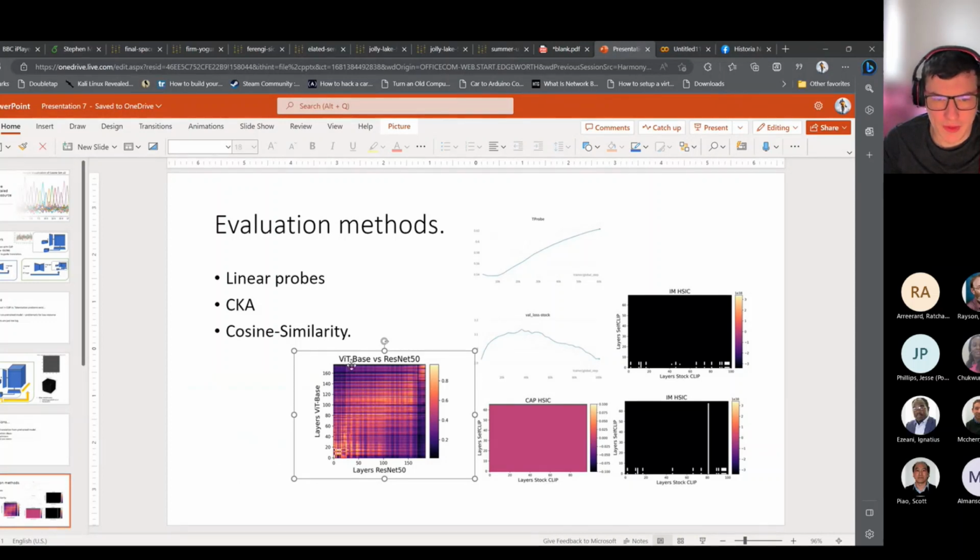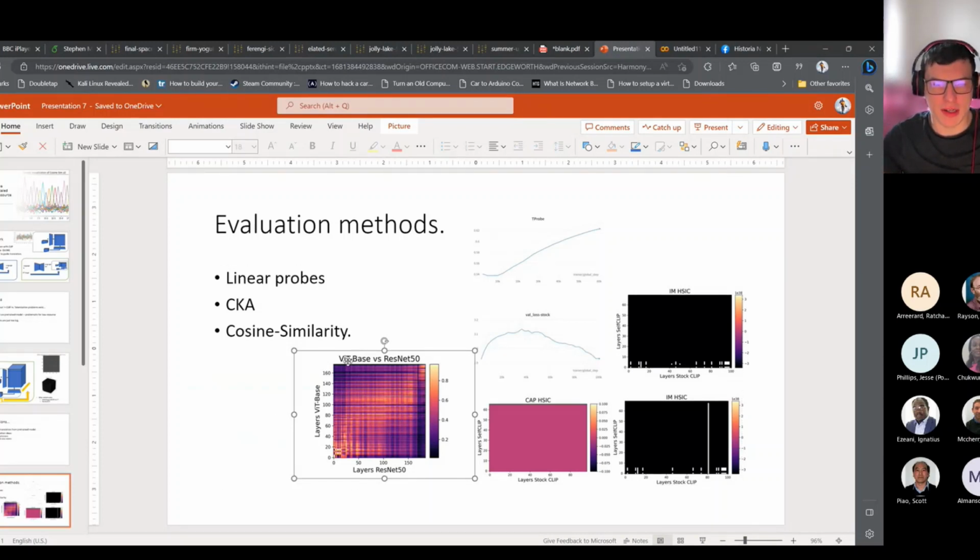So one of the first approaches that I looked at implementing is this, which you'll see as this graph, ViT base versus ResNet. And this lovely heat map represents the activation through the layers of each model. What it's showing is that early in the model, the layers roughly are a better match to layers earlier in the other model, which is where you have this nice diagonal glow through it.